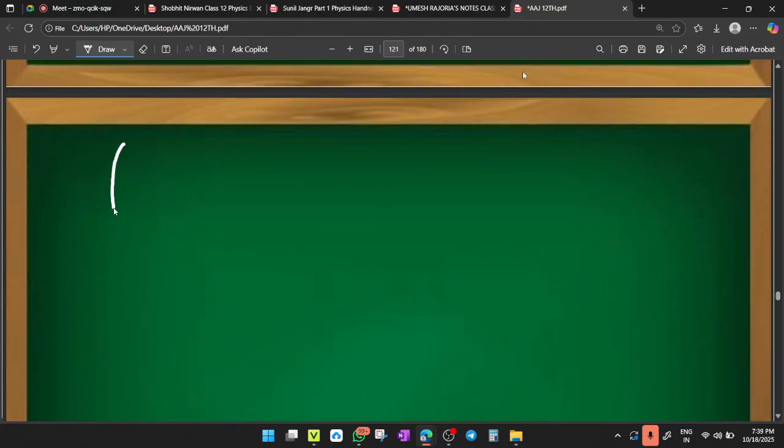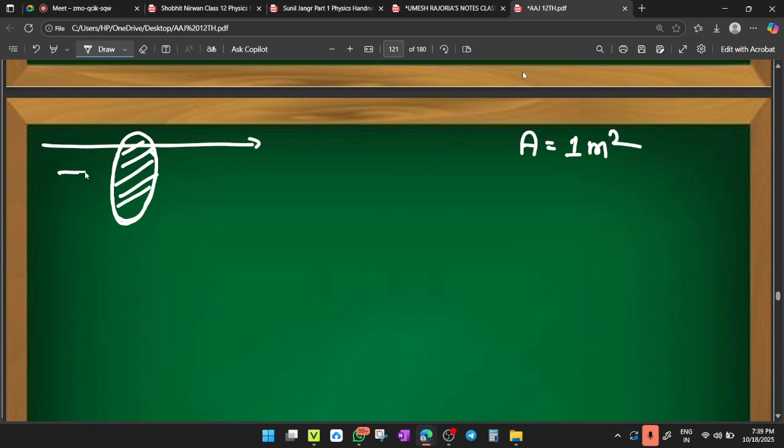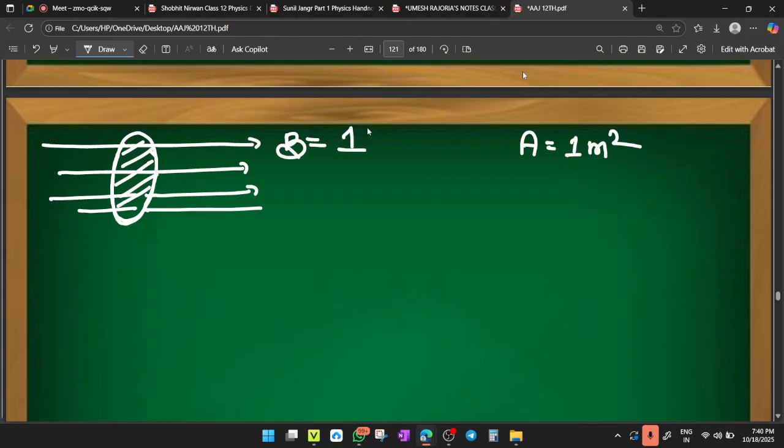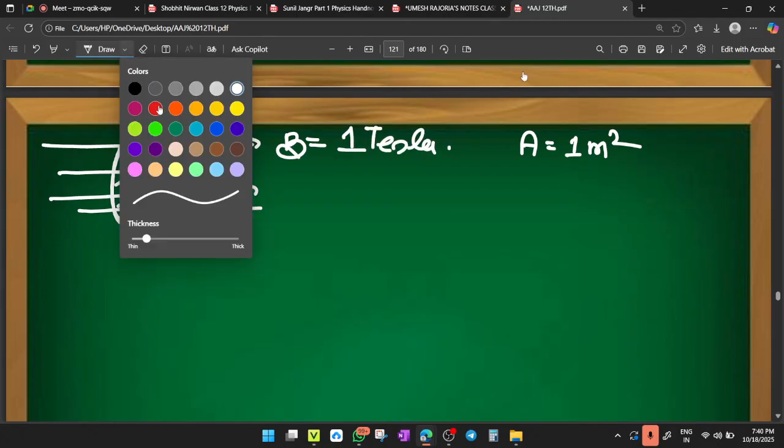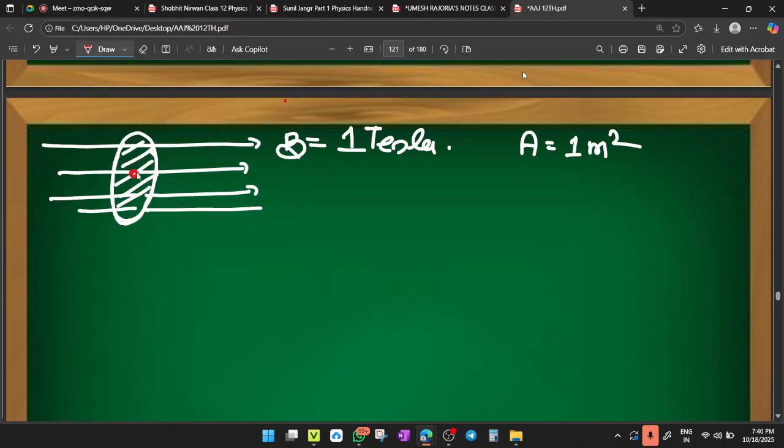Once again, you have a coil, this circular coil having an area of 1 meter square. And this is the magnetic field, just penetrating the coil. So here the magnetic field B has magnitude 1 Tesla. Now check the direction of the magnetic field with the normal vector.